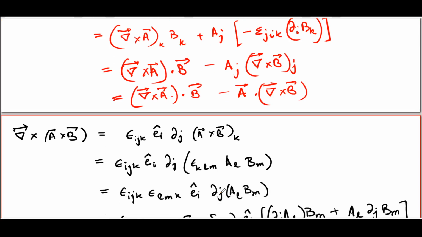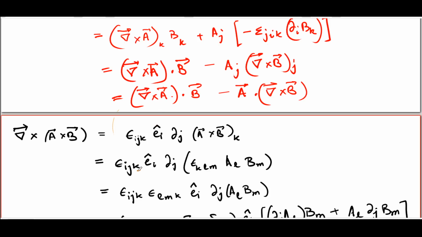So now we have epsilon ijk, epsilon lmk. Well, this actually was epsilon klm, but I am going to make use of the identity that we talked about, the identity involving contraction of two Levi-Civita symbols. And there, the easy way to remember the contraction was to ensure that the index being summed over was in the same position in the two epsilon symbols.